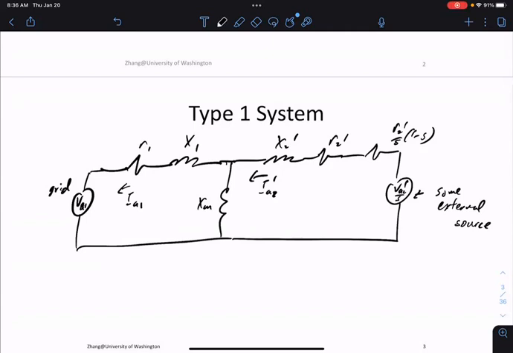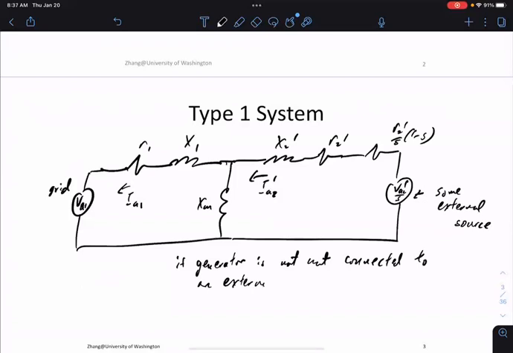So this source gets multiplied quite a bit, and normally it is used to cancel out reactive power, or to supply reactive power to the system. If the generator is not connected to an external source, then VA2 prime is 0. Normally type 1 systems are not connected to some source.